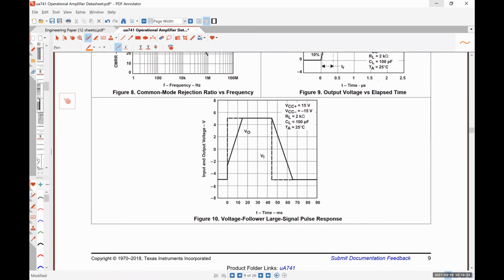Voltage follower, large signal pulse response. This is how the slew rate of an op-amp is measured. What they do is they put in a step function, right? So it's just a near instantaneous increase in a large signal voltage, and they measure the time it takes for the output to catch up.